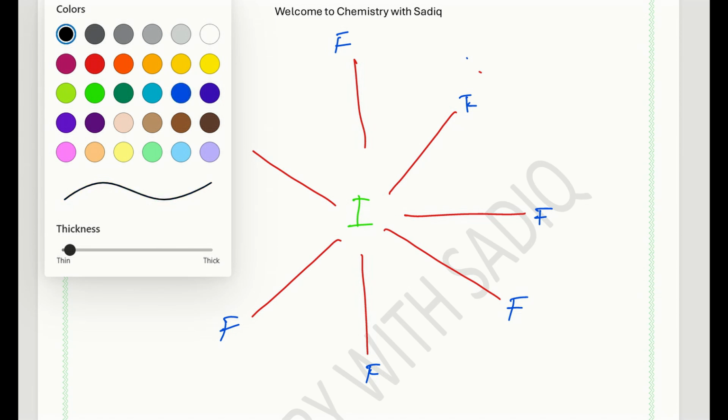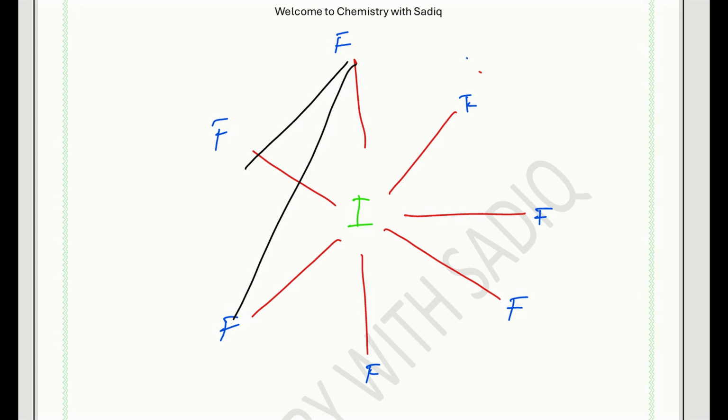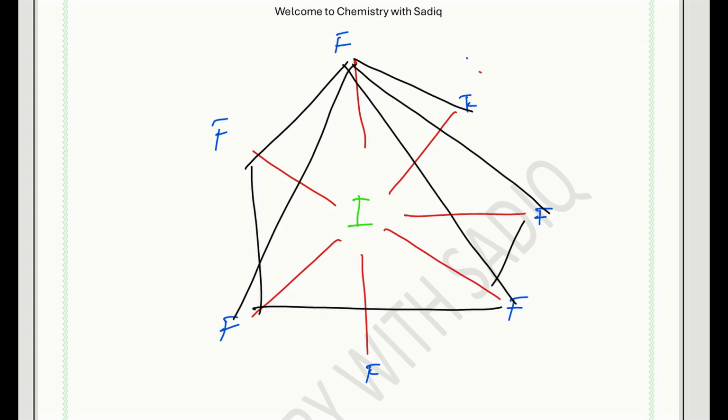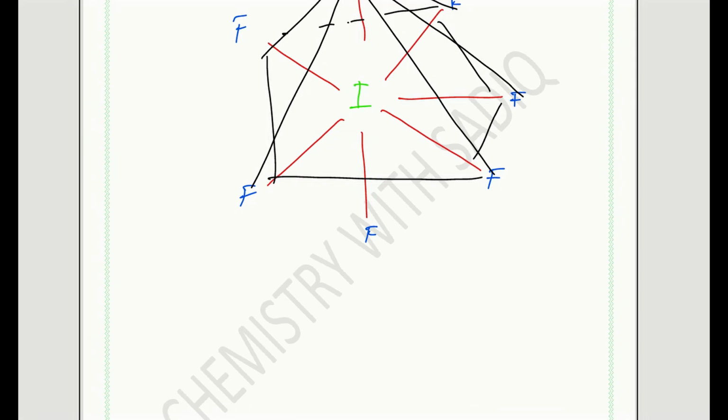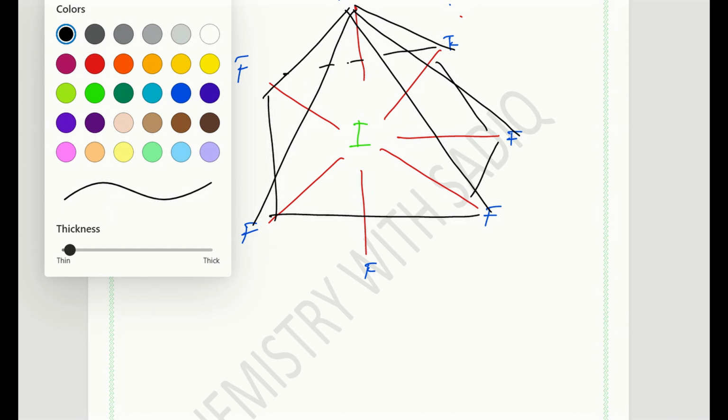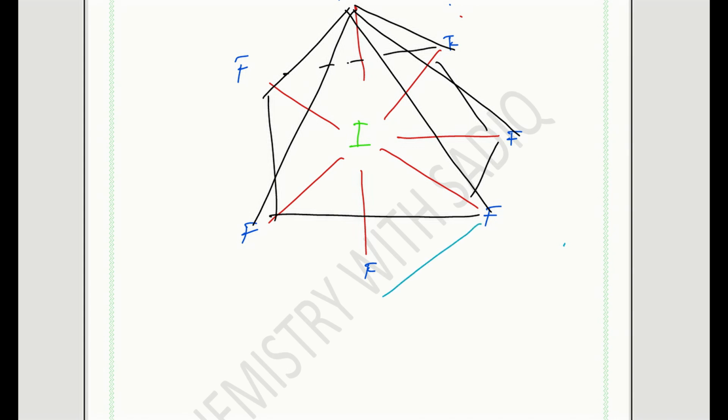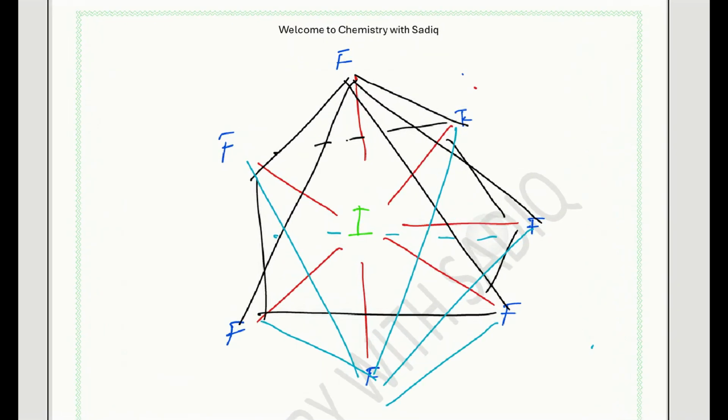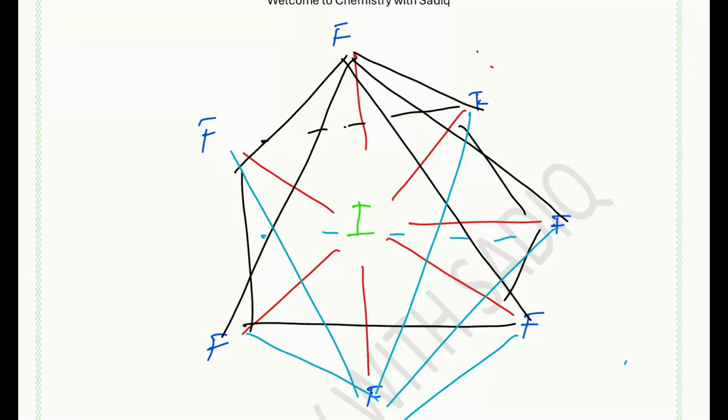So this is pyramid number 1, and this is the base of the pyramid, and this is placed on a mirror, like you place it on a mirror and you see how it will look. So see this? This is a double mirror sort of structure, right? So this will be called IF7, and it's basically pentagonal base bipyramidal.